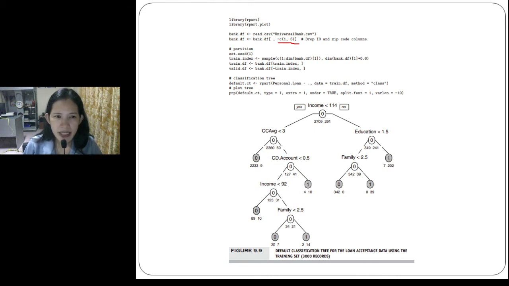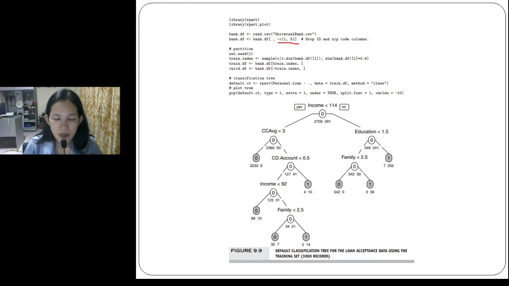Those randomly selected records are assigned to the new data, train.df, and those that were not selected are stored in valid.df. That means 60% of the data set is stored in train.df and 40% is stored in valid.df, for training and validation respectively.